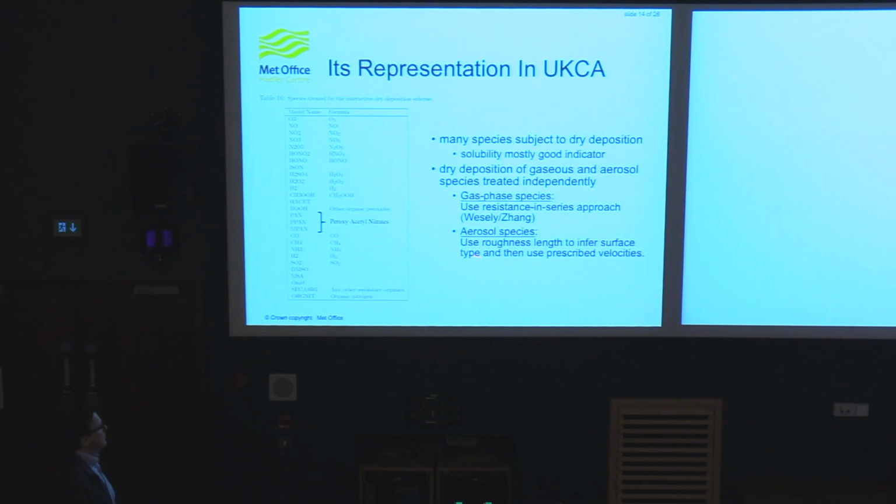The aerosol side of things makes use of roughness length to infer a surface type. It doesn't use directly the surface type, which could be provided by JULES, and then prescribes a velocity above that surface type. This is, I think, a historical legacy, and we haven't really worked on that side of things to unify it with the approach in the gas phase chemistry side. But there's work to be done in the future.